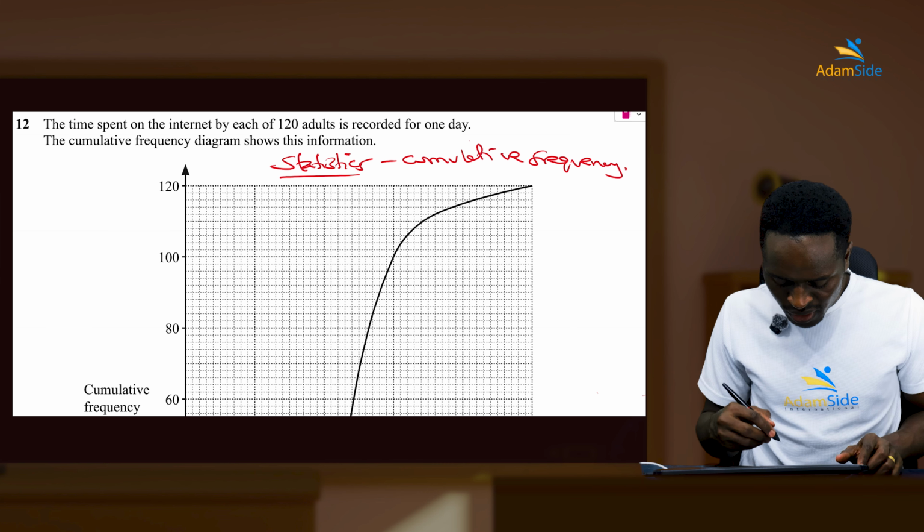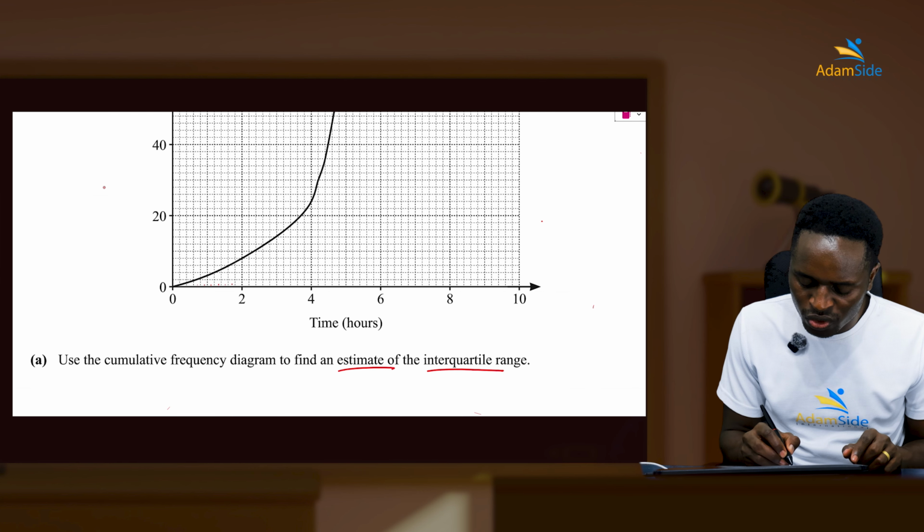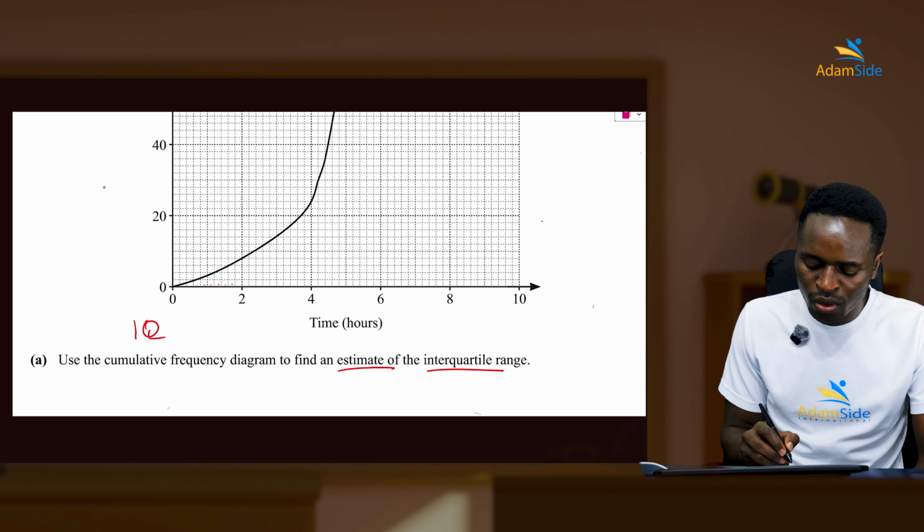Use the cumulative frequency diagram to find an estimate of the interquartile range. What we need to understand is that the interquartile range, IQR, is equal to the difference Q3 minus Q1, the upper quartile minus the lower quartile.